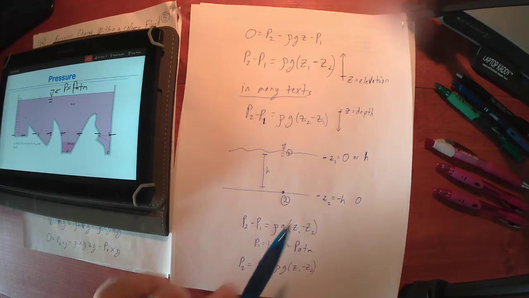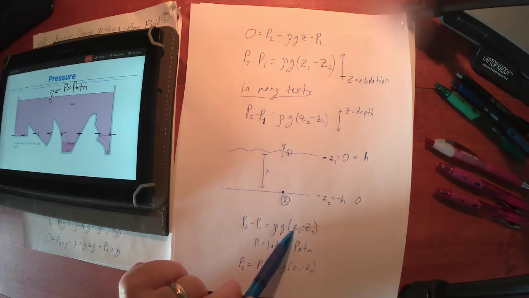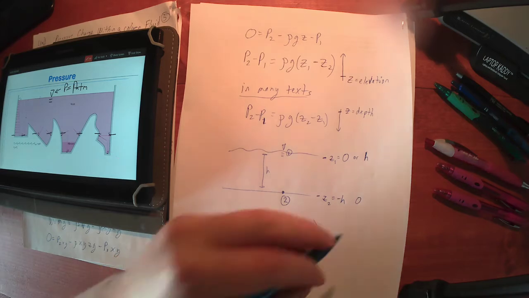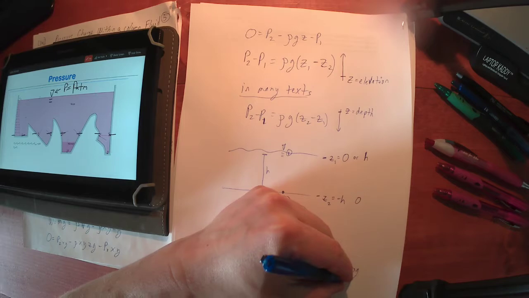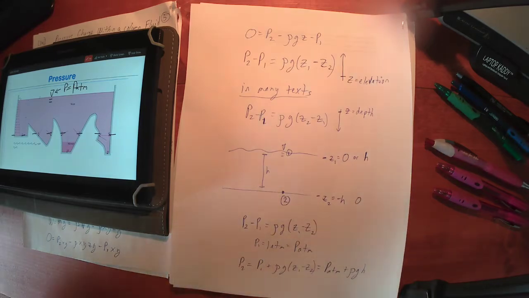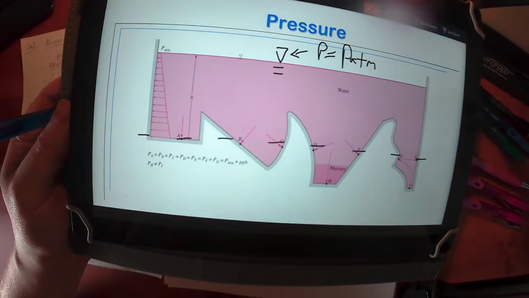It doesn't matter whether I plug in 0 minus the negative h, or h minus 0, I get h. So this is equal to P atmosphere plus rho g h. The same thing they're saying right here.